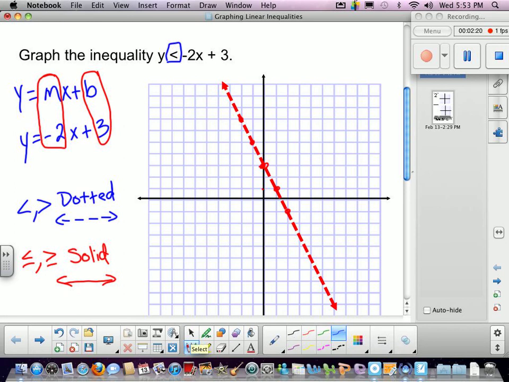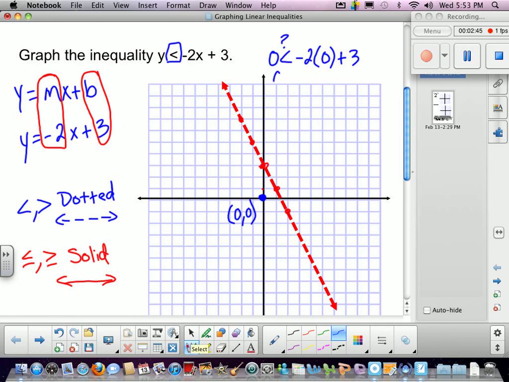And what we're going to do is we're going to choose what we call a test point. All right, and anytime we can choose the ordered pair (0, 0), it's going to make calculating the statement a little bit easier as far as whether it's true or false. So we just substitute in (0, 0). And we say, is it going to be a true statement?